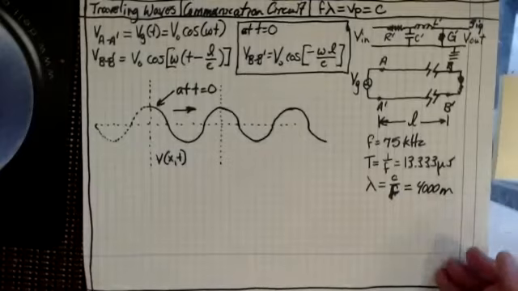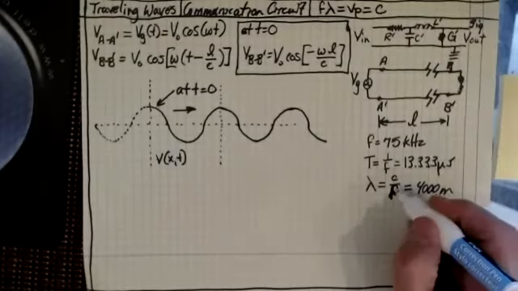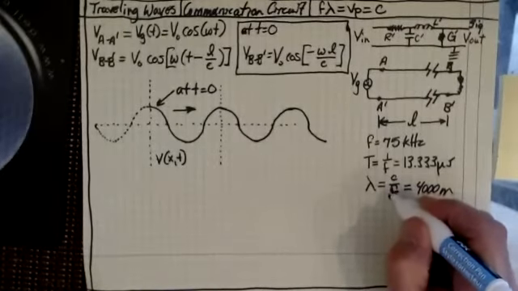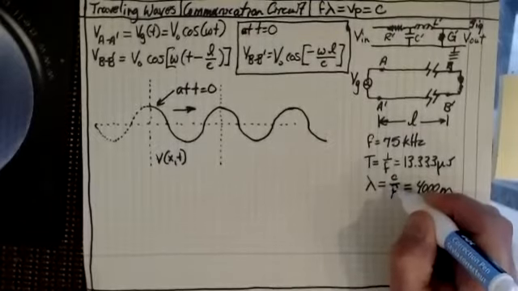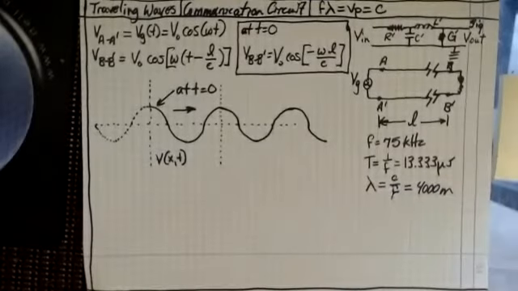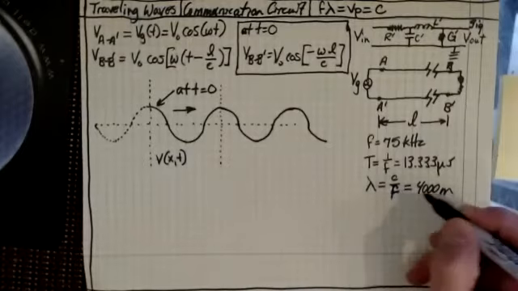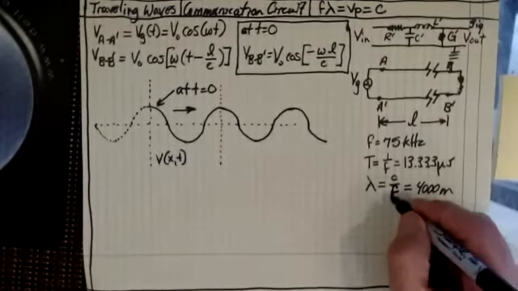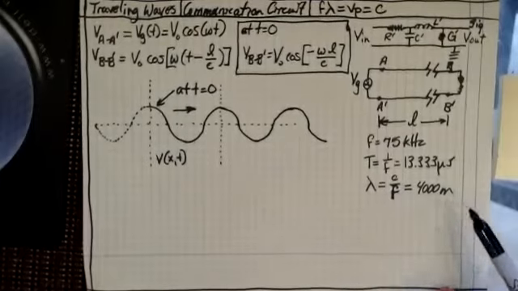It's supposed to say frequency. So the wavelength is speed of light divided by frequency, and that's going to give me 4,000 meters. Does everyone see that?